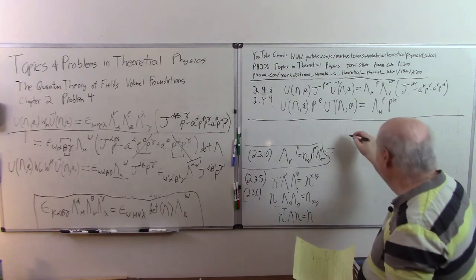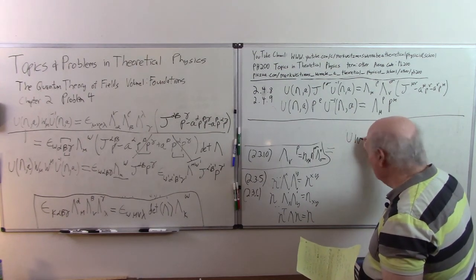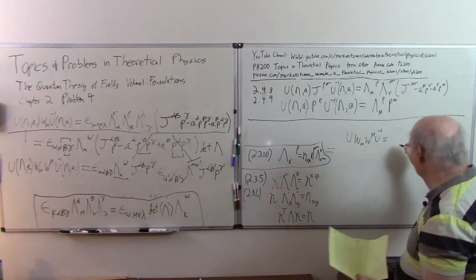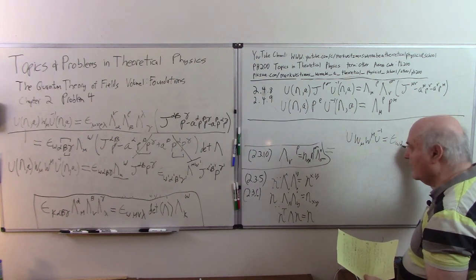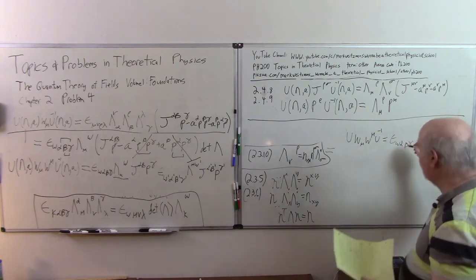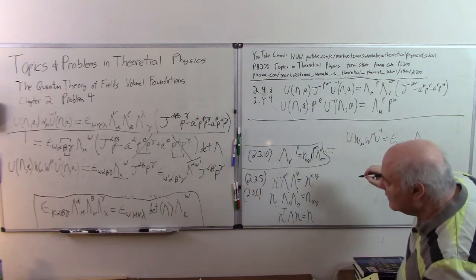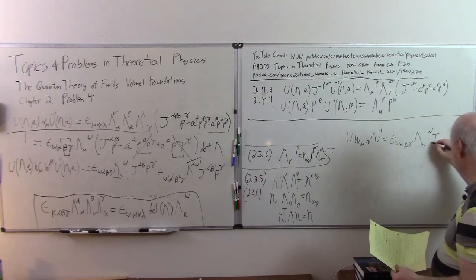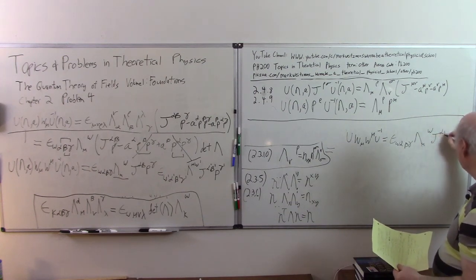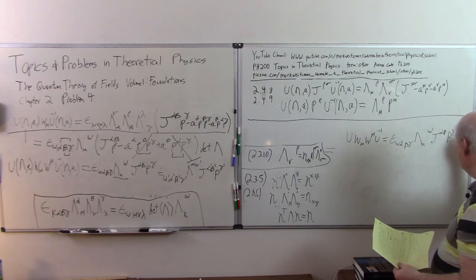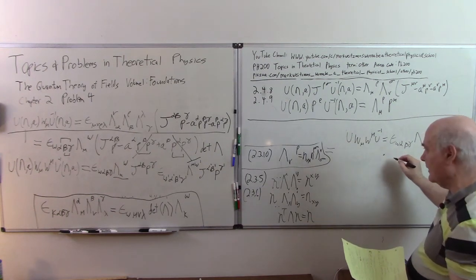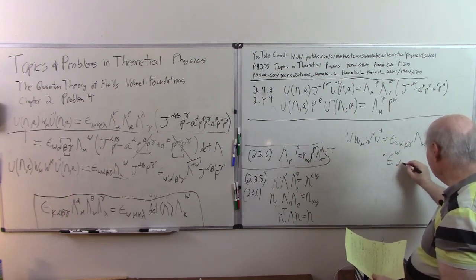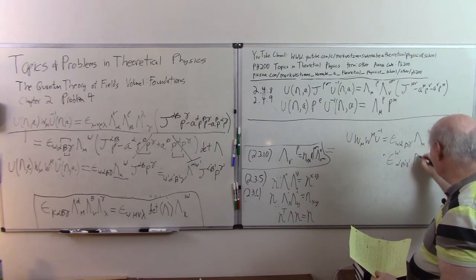So we're left with u w mu u inverse is equal to epsilon omega alpha beta gamma lambda mu omega j alpha beta p gamma, and then we multiply that by epsilon w alpha prime beta prime gamma prime.